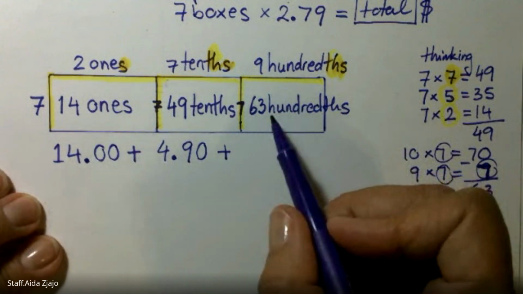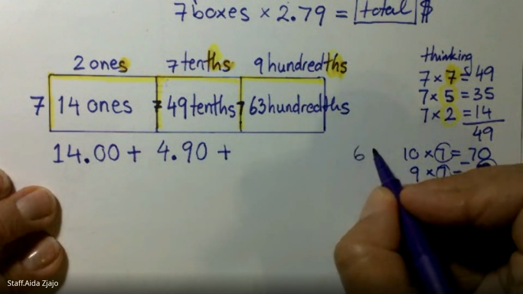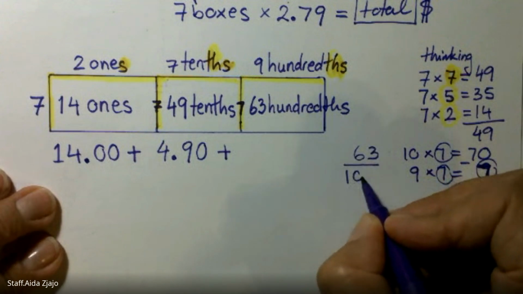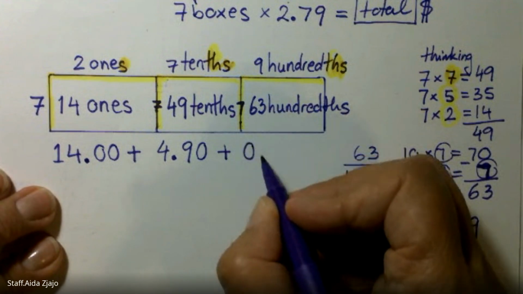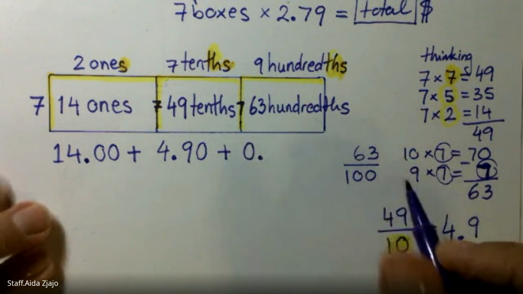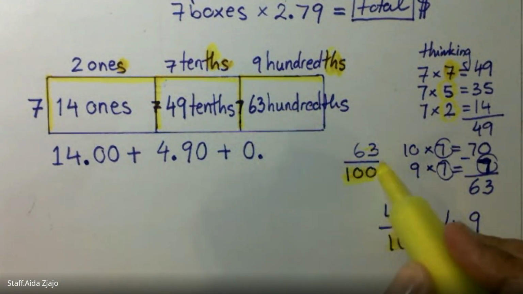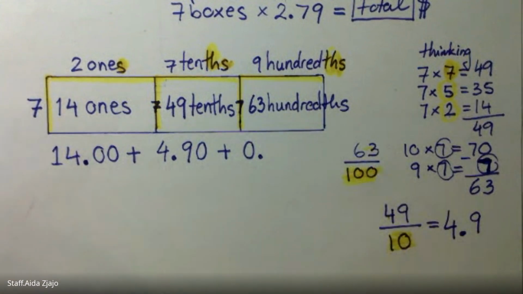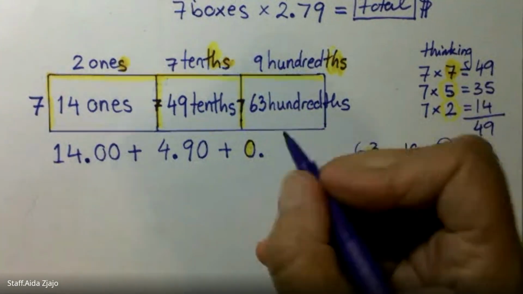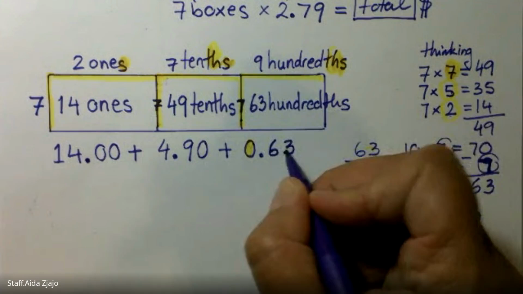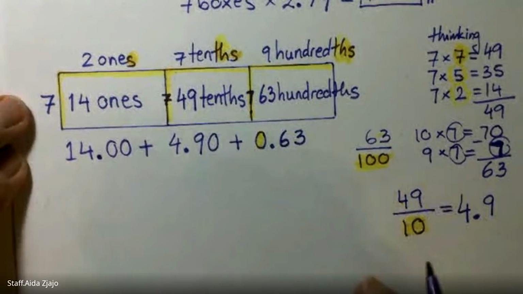So 63 hundredths means 63 out of 100. I don't have a whole 100, I have only 63 pieces. 100 makes a whole. So I have 0 wholes and I have 63 hundredths. So now I can add all this together.